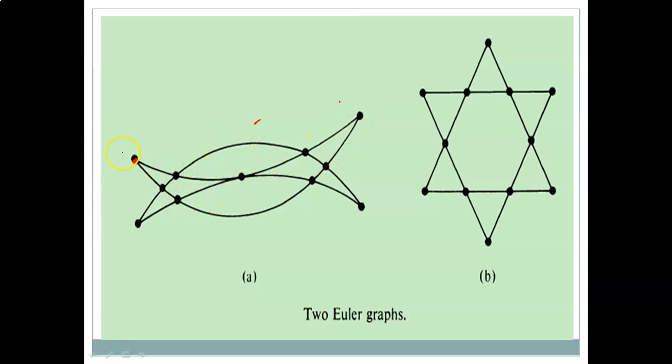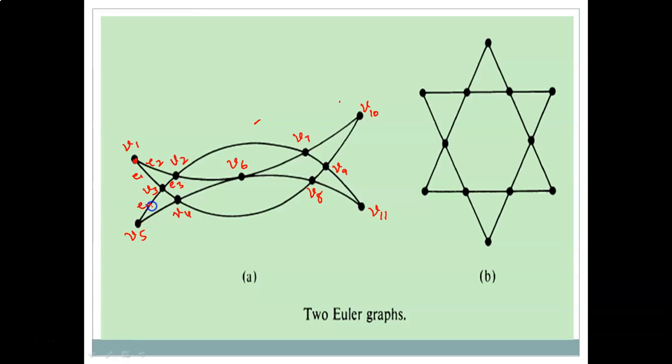Suppose I mark these vertices in this manner: this is V1, this is V2, V3, V4, V5, V6, V7, V8, V9, V10, V11. And then if you start marking the edges, you can mark them like this: E1 is from V1 to V3, E2 is from V1 to V2, and let this be E3.